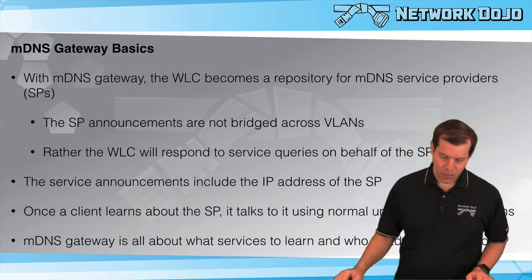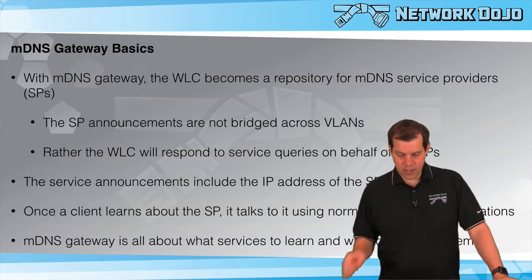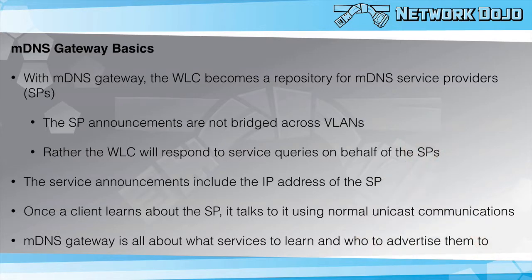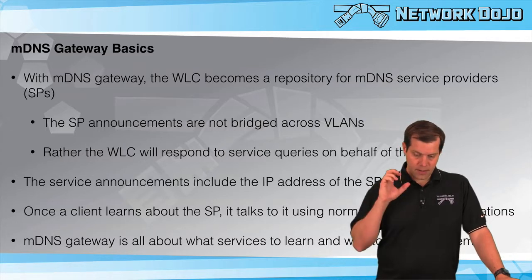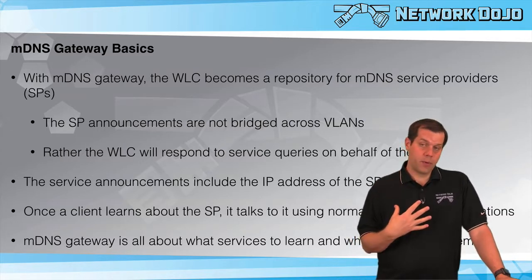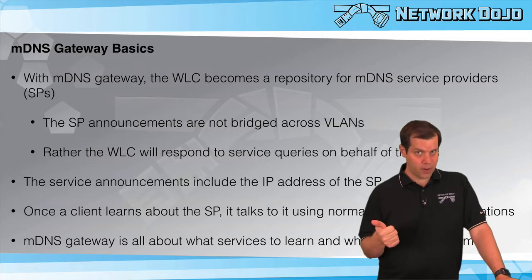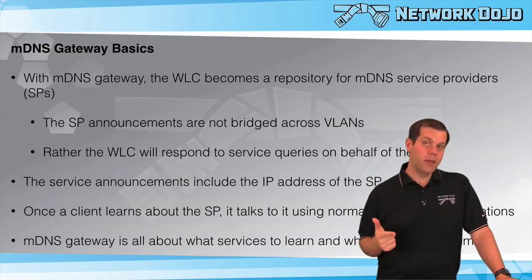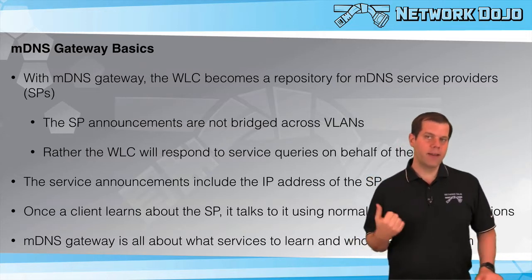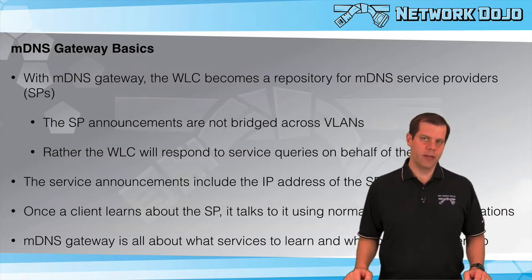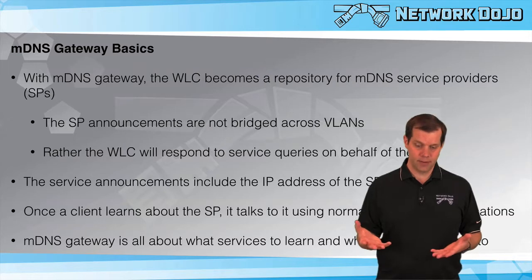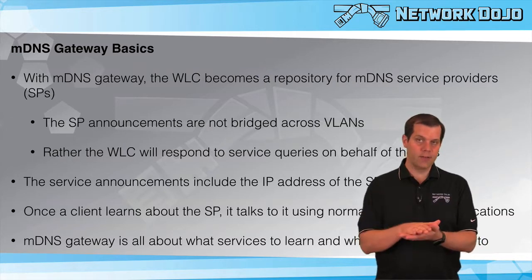In that service announcement, we include the IP address of the service provider. So when a printer advertises, I support AirPrint services, here's my IP address, and someone hears that advertisement and decides, I want to use that printer, they don't talk to that printer via multicast, they talk to it via unicast. They learned its IP address, so they talk to its IP address.